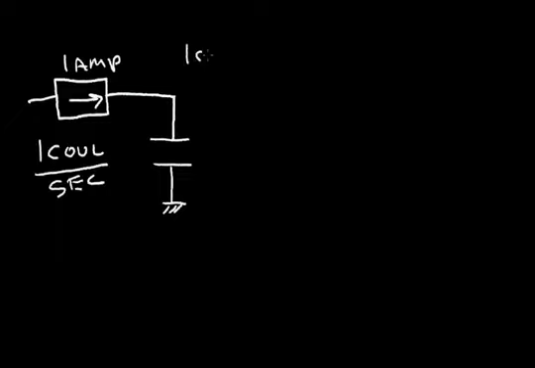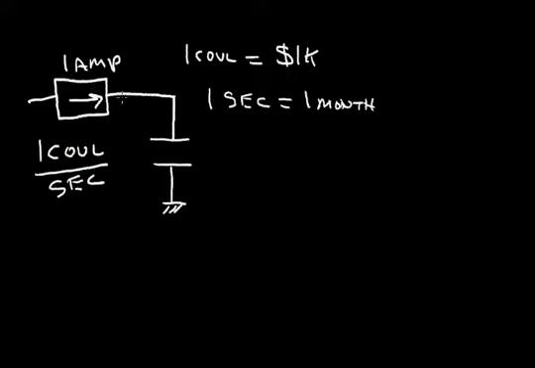So we say 1 coulomb equals, in terms of money, $1,000. Now, if I have an amp, let's pretend that 1 second is equal to 1 month. So what I'm modeling here is every second, in this case, every month, I'm putting $1,000 into my savings account.